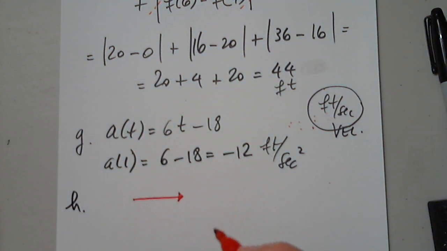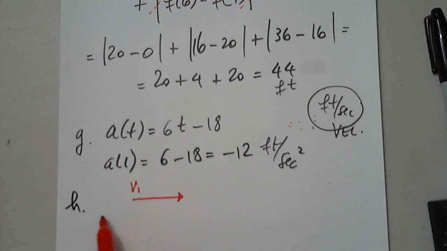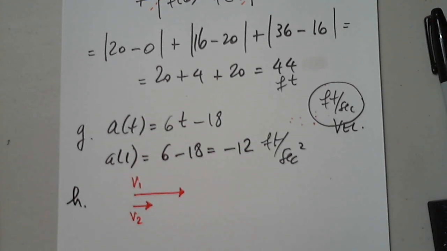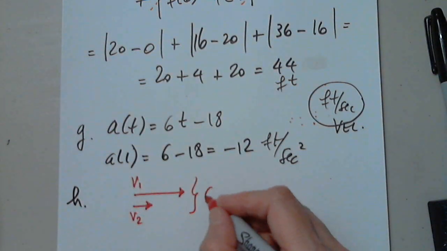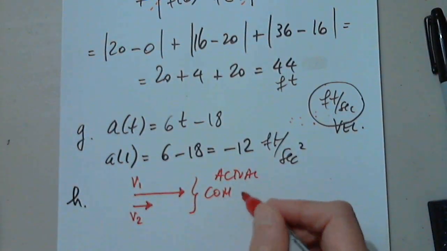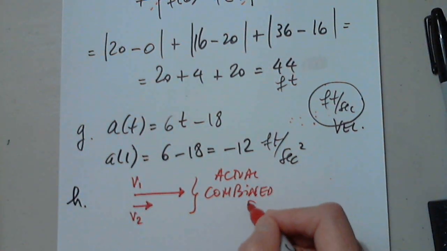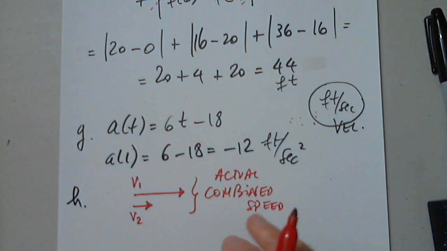I ride my bike. That's me riding my bike with a velocity v1. And I have, coming from the same direction, wind v2. So the wind is pushing me. It's helping my speed. What will be the combined speed, my actual speed?